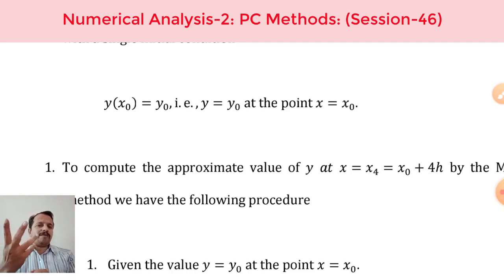Those 4 starting values may be supplied to you in the given problem itself, or sometimes you are assigned to evaluate those 3 values. One will be the initial condition given, and the other 3 values you evaluate using any one of the known single step methods. You may have that assignment in the course of your solution. Totally 4 starting values can be used. Therefore, it is a 4-step method.